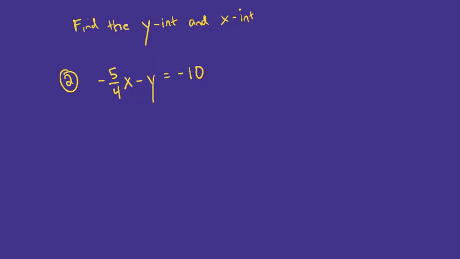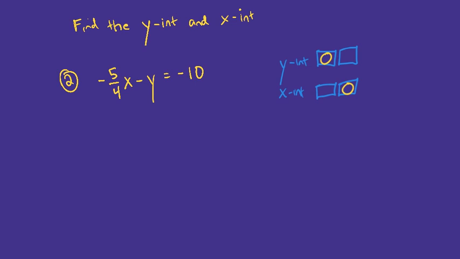Find the y and x-intercept. So again, we've got the y-intercept where we've got two boxes next to it, and the x-intercept where we've got two boxes next to it. Hopefully you'll remember that for the y-intercept, x is 0, and for the x-intercept, y is 0.